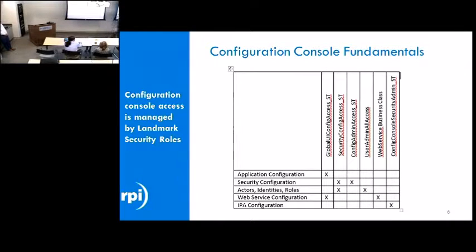Basically, these are the roles. Infor delivered these, so it's not something you have to set. You don't have to set up the security. You literally just go in there and give the user the role. If I wanted to give somebody the ability to do application configuration, you would give them the global UI config access underscore ST role. It's kind of that easy.